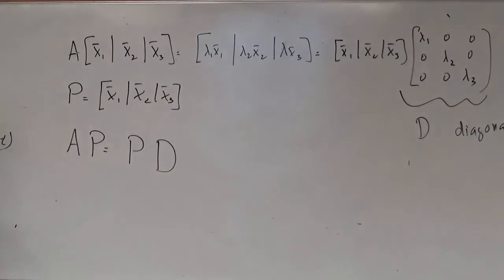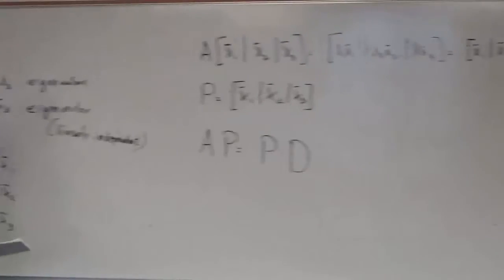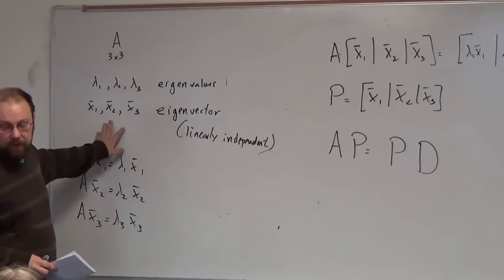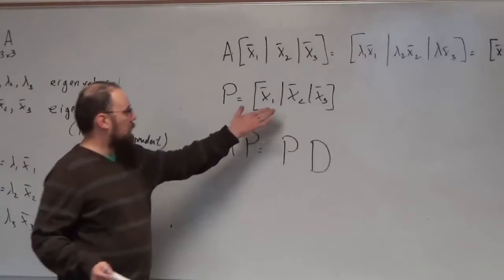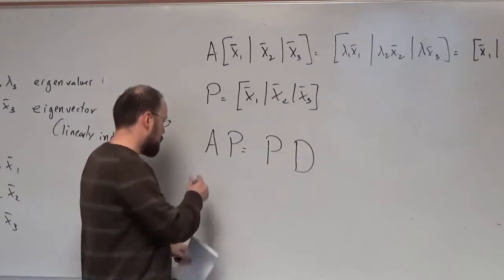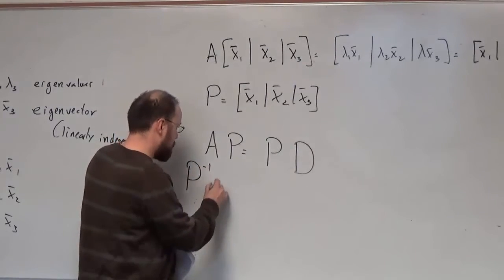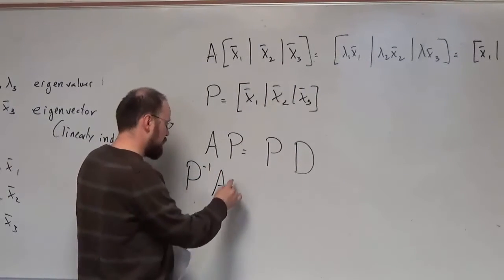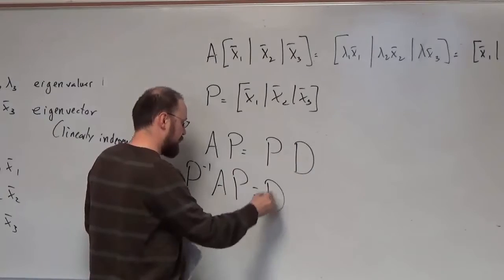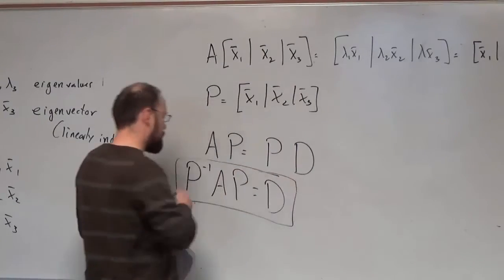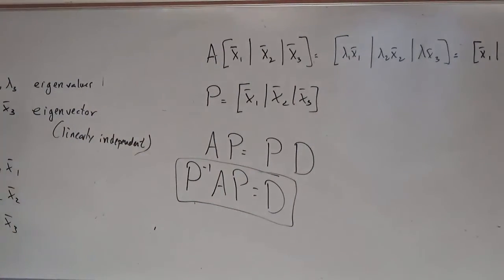And there we go. And then if you multiply both sides by P inverse, and how do I know P inverse exists? Well, we said that our eigenvectors are linearly independent, so that's invertible. Multiply from the left by P inverse, and you get the diagonalization. That's how you diagonalize the matrix as possible.